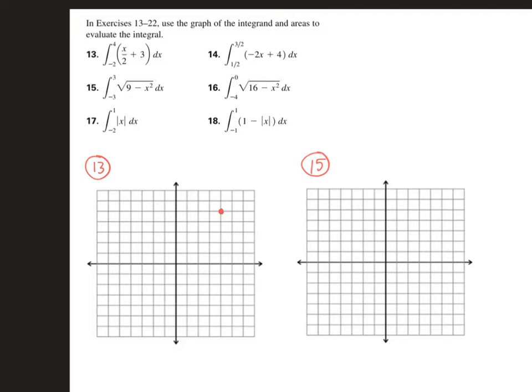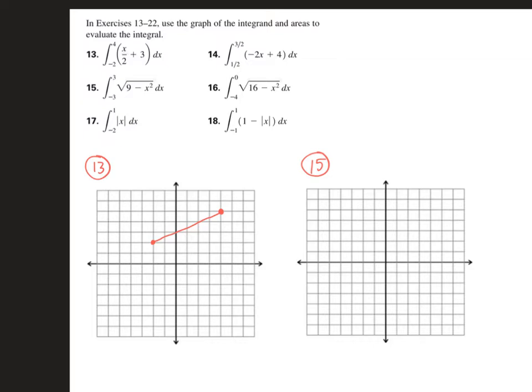And then if you plug in -2, you get 2. That's a point. And then this is just a straight line like that. Obviously this keeps going, but we're only looking at it from -2 to 4.